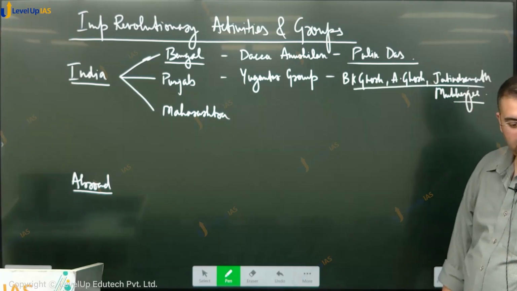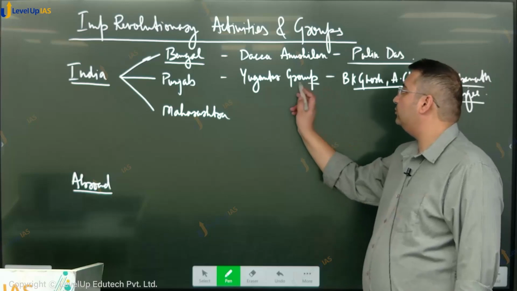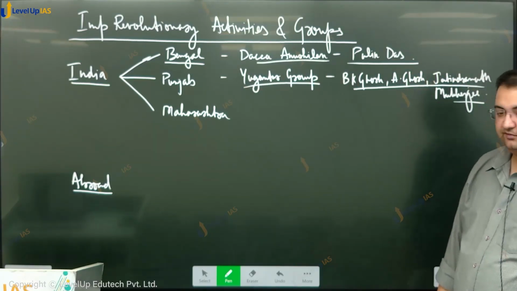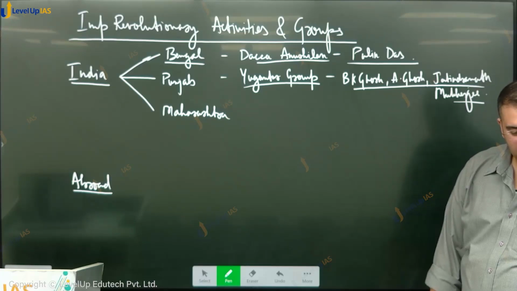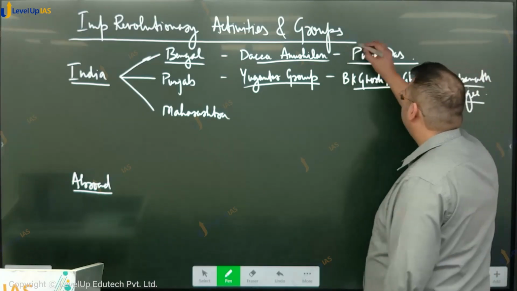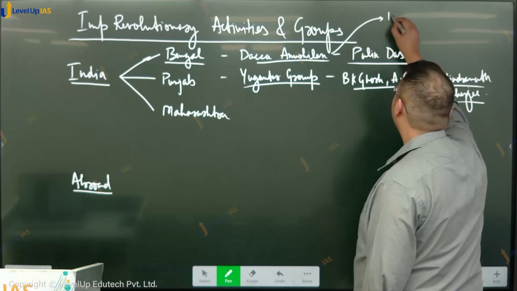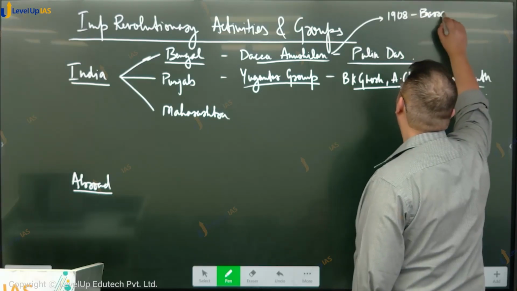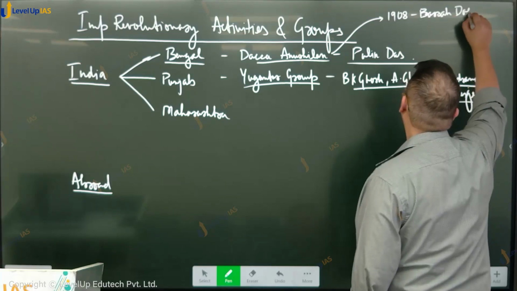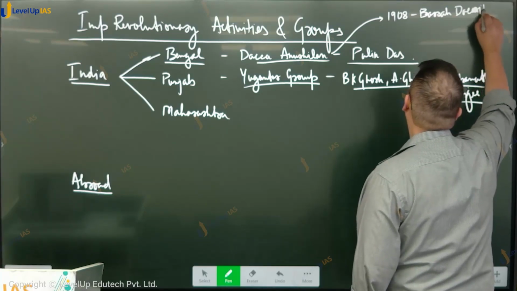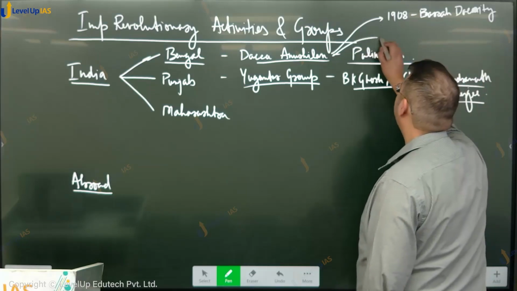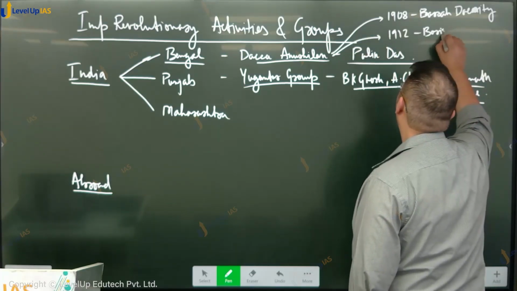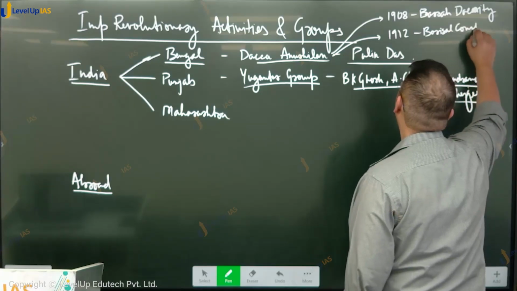ठीक है. Now the revolutionary activities of both groups are going to start becoming active following the failure of the Swadeshi movement. Chief activities of the Dhaka Anushilan: Bara Daketi in 1908 and the Barisal conspiracy.